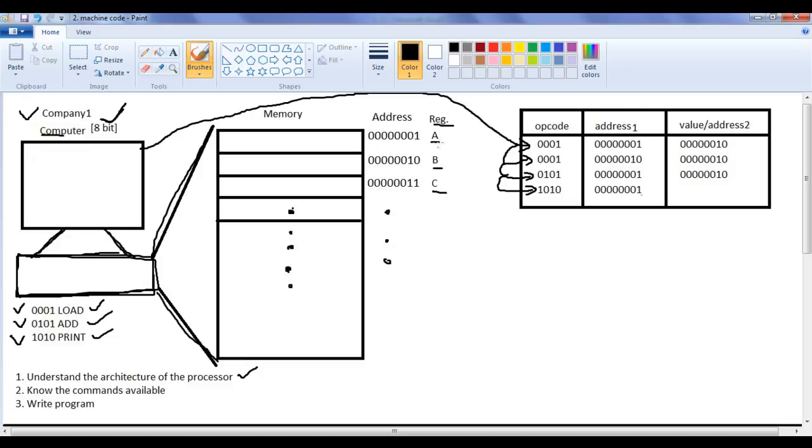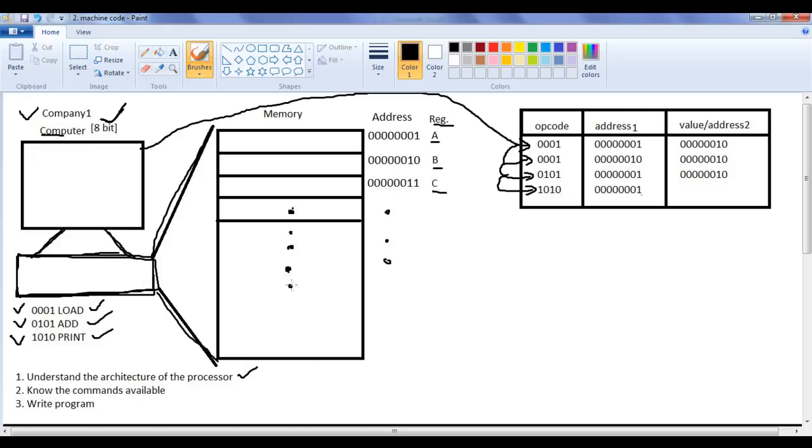Here register A has the address 00000001, register B has the address 00000010, register C has the address 00000011. So every computer is going to have some general purpose registers which we can program. And of course if you want to know more about computers or processors, I suggest you search in Google and get some more information.